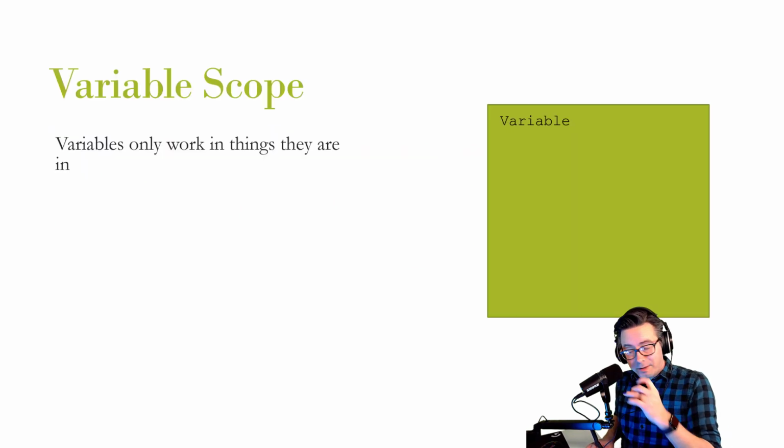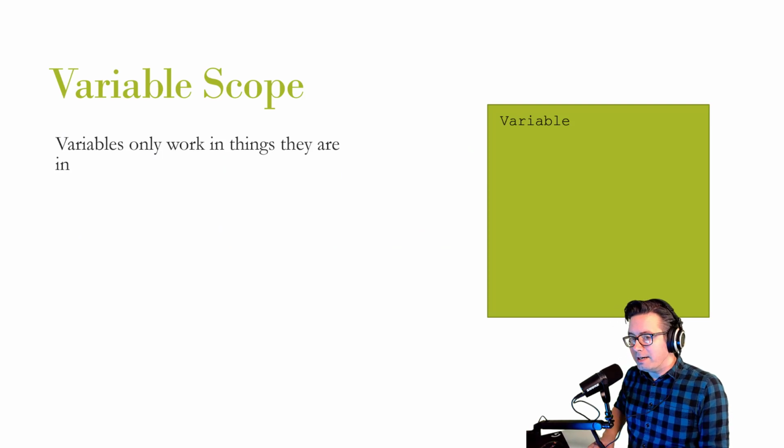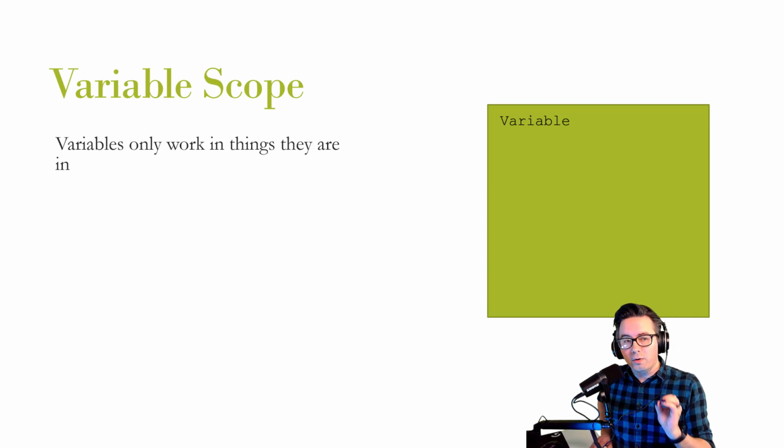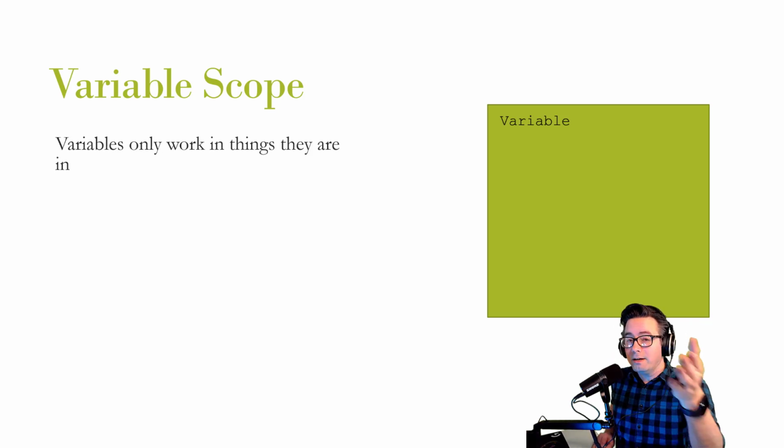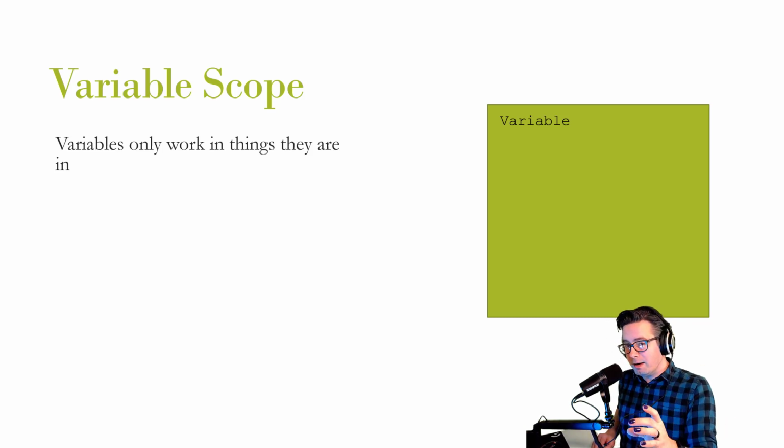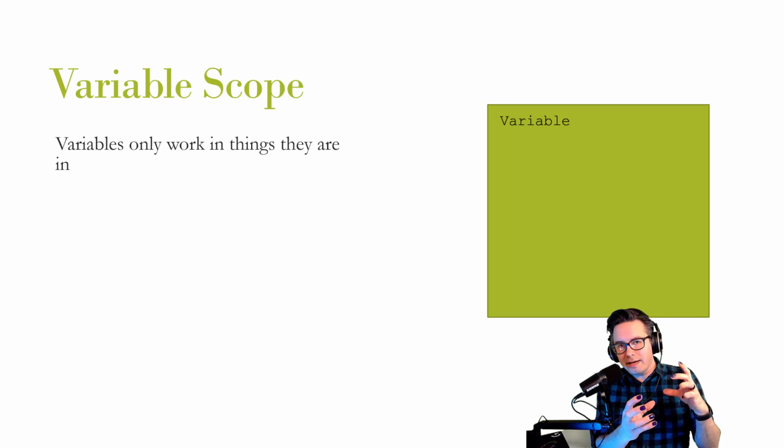Okay. So anyways, what the heck is variable scope? The idea is that variables only work in the blocks where they are created, right? So if you create one in the main method, you can only use it in that main method. It's not going to carry over to other programs. And as we get into more concepts, we're coming into more blocks.